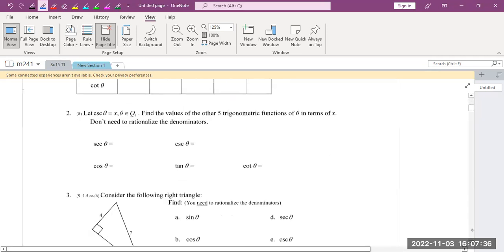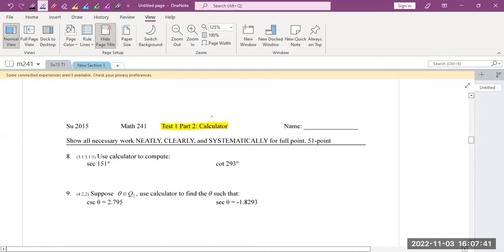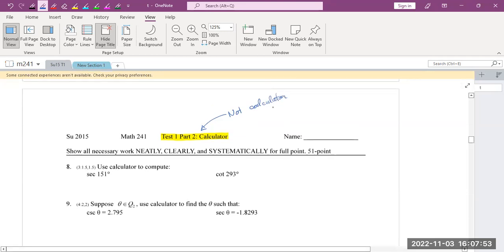On the other hand, for the part that you use calculator, it has to be a calculator, not a calculator feature from your smartphone. Okay, it has to be a calculator. Now let's go back.